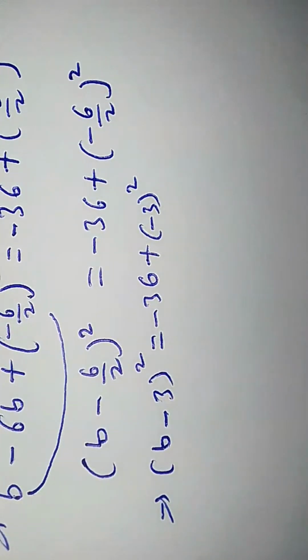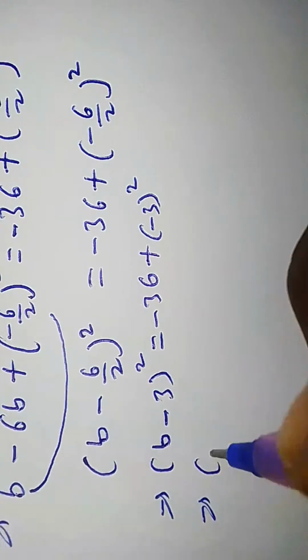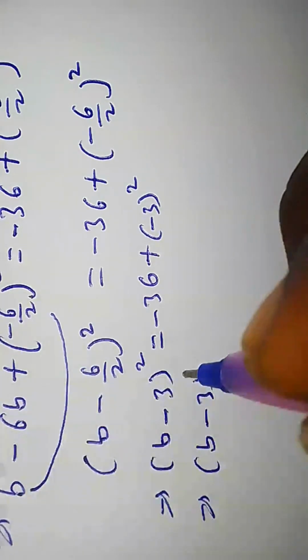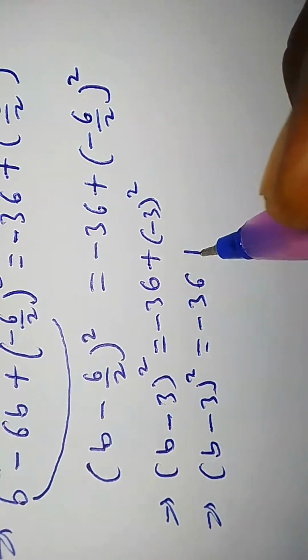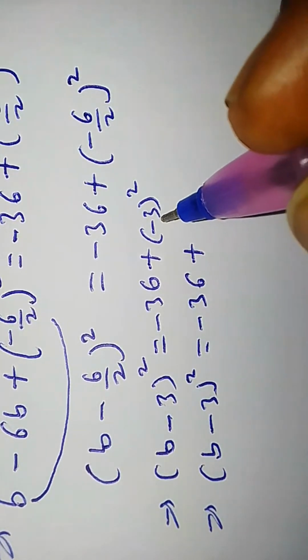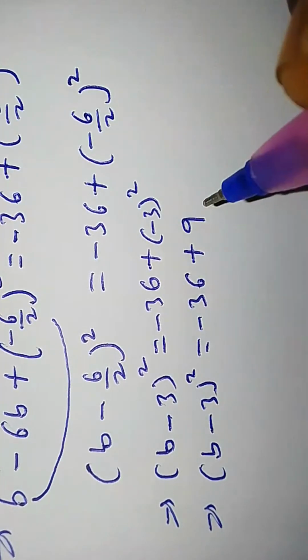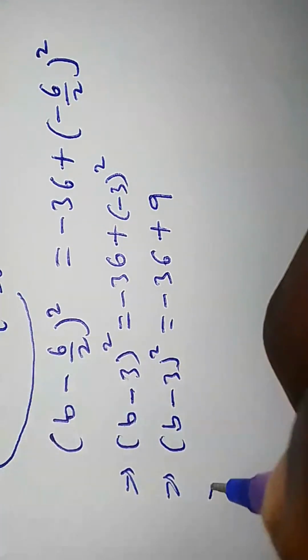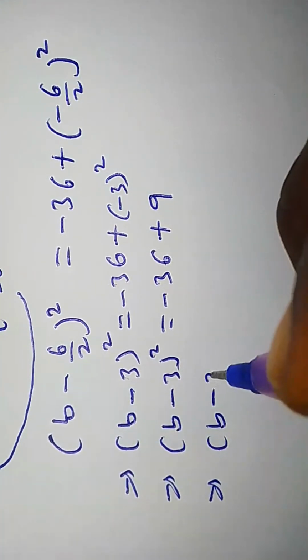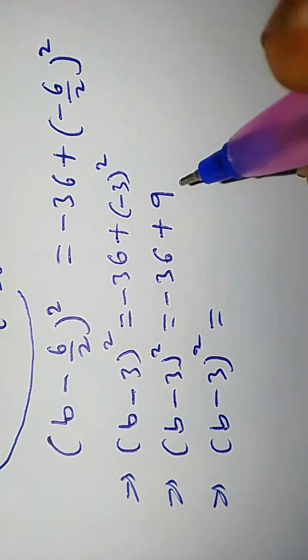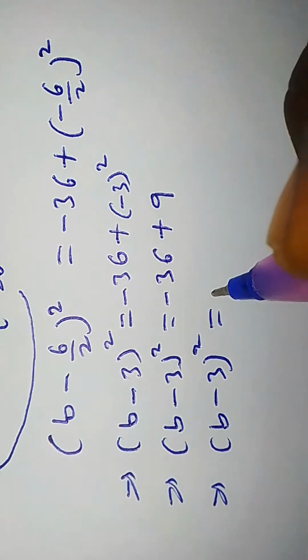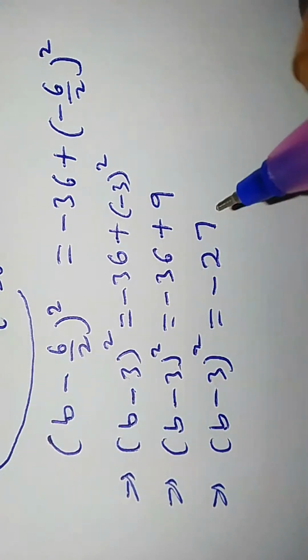This implies that b minus 3 all squared is equal to minus 36 plus minus 3 all squared, that is 9. So we have b minus 3 all squared equal to minus 36 plus 9, that is negative 27.